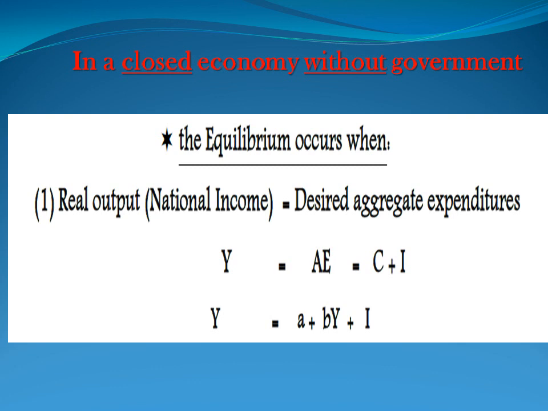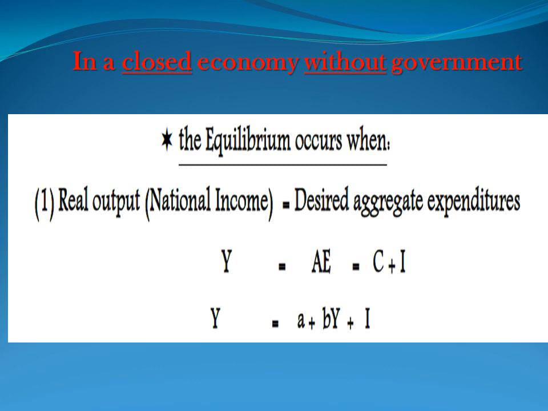We have only two active sectors, household sector and business sector. So we have only two elements of desired aggregate expenditure: desired aggregate consumption needed by household sector and desired investment expenditures needed by business sector.